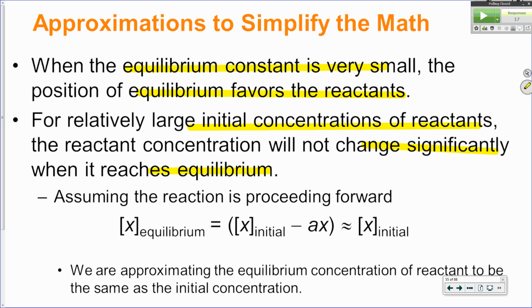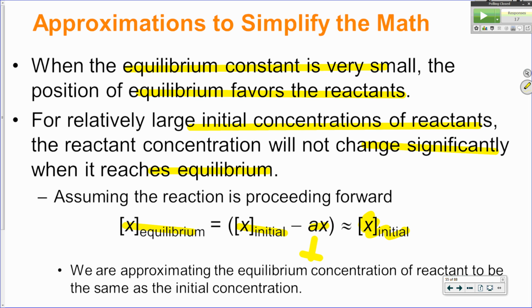So I can make the assumption sometimes that the equilibrium concentration of a reactant is equal to the initial concentration less whatever the change was. And if this number is really small, that's almost the initial. So I can make the assumption sometimes that the equilibrium concentration is equal to the initial.